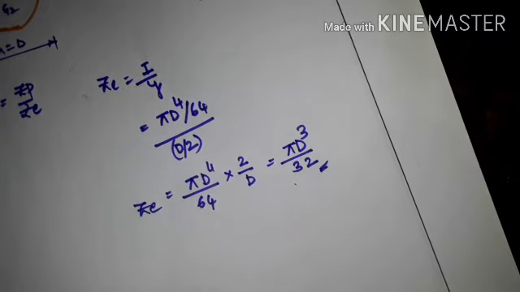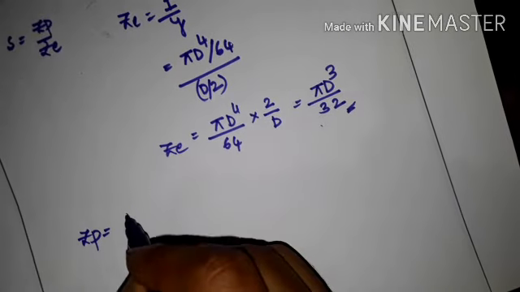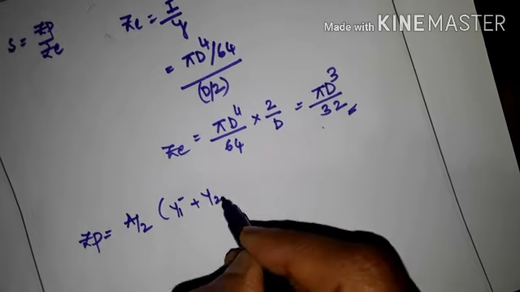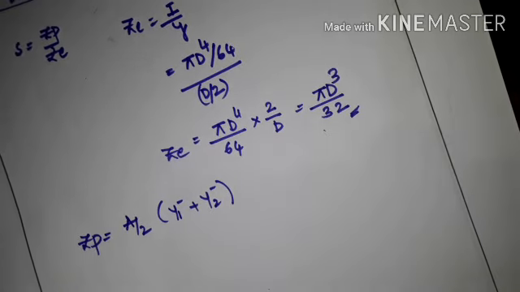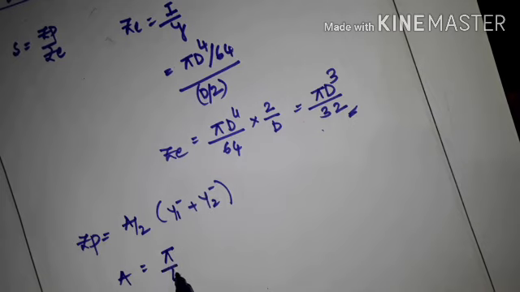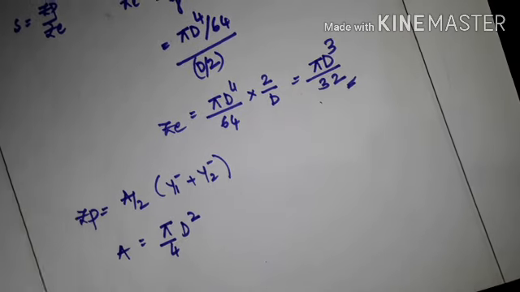Now we'll go for ZP. ZP is A by 2 into y1 bar plus y2 bar. So what is A? A is pi by 4 into d square.